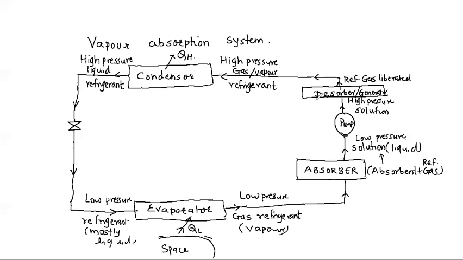And the solution which is left would now have a lower concentration of gas. This would have a higher concentration of gas, and this would have a lower concentration of gas because the gas is mostly liberated.